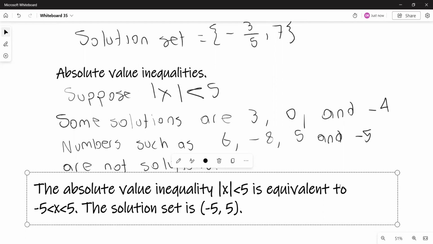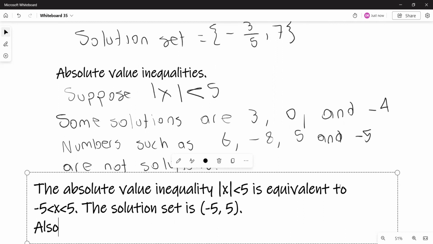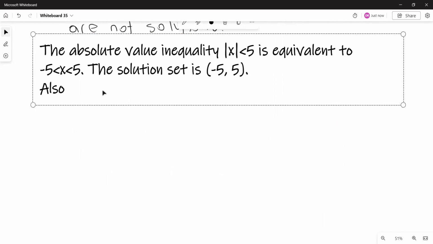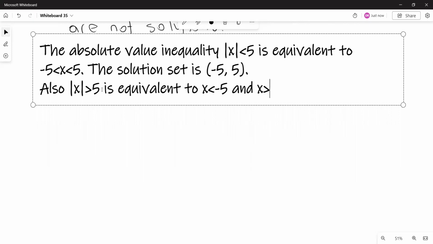On the other hand, the absolute value of x greater than 5 is equivalent to either x less than negative 5 or x greater than 5.